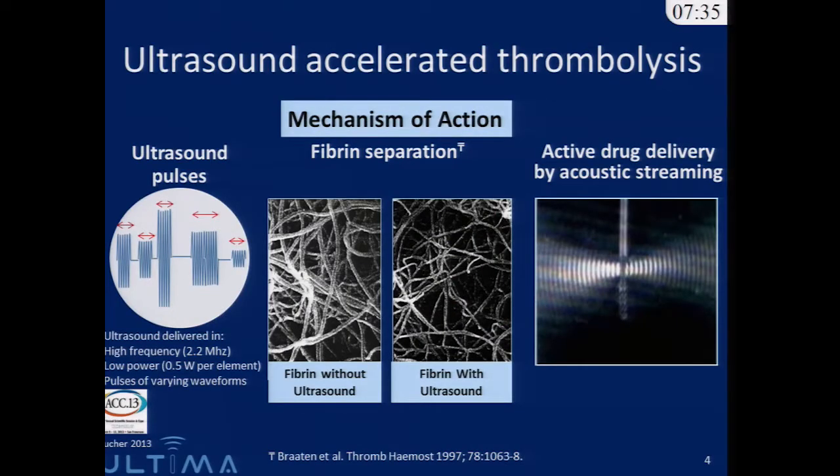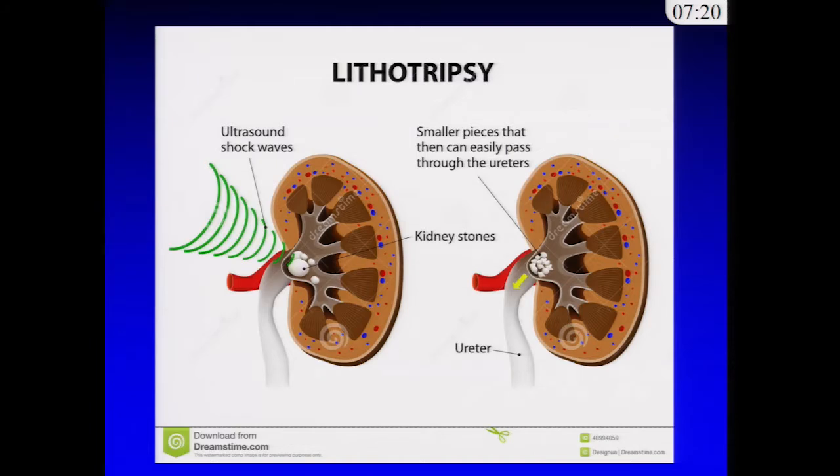This is why we need to use better equipment to be sure the result is optimal and the complication rate much lower. When we talk about ultrasound energy, you remember that we use ultrasound energy to break the stone in the kidneys.